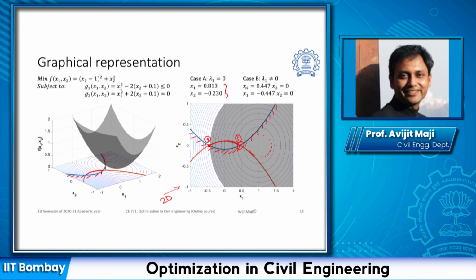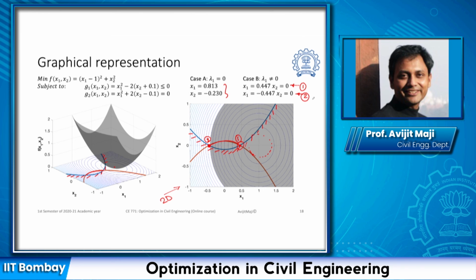So the first point we obtained is x1 equal to 0.447 and x2 equal to 0. So this is my point number 1, and the second point is this, which is point number 2.